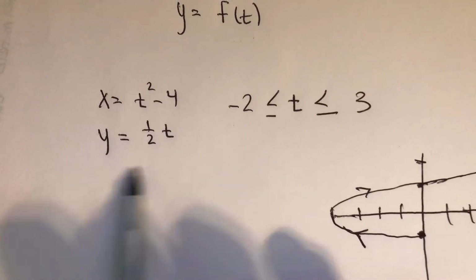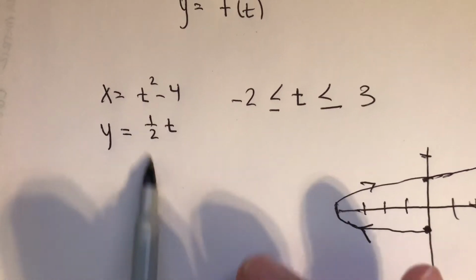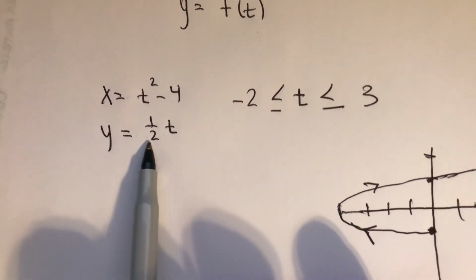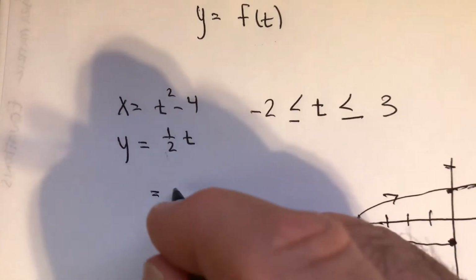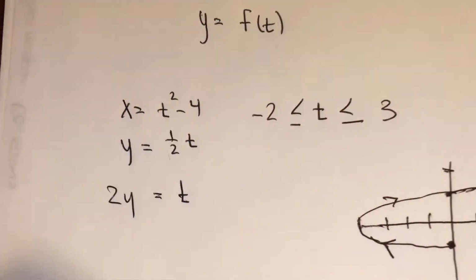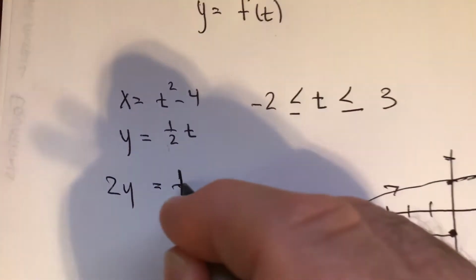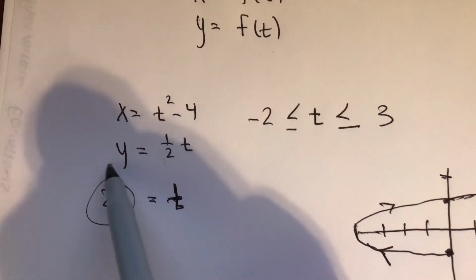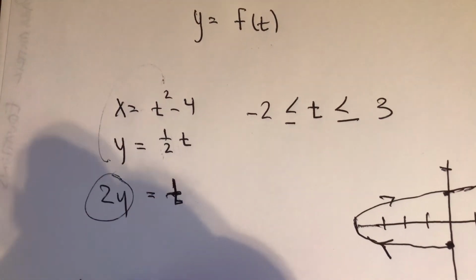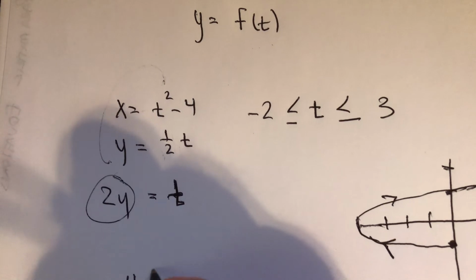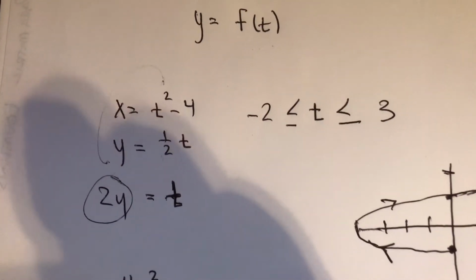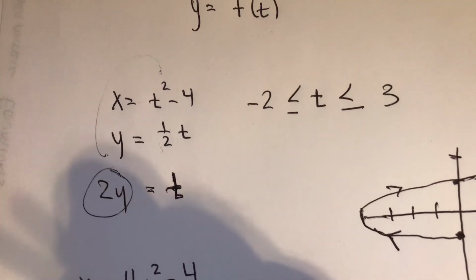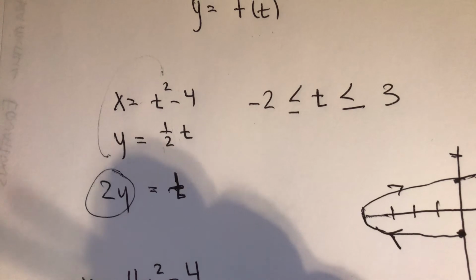If I were to solve one of these equations for t, it doesn't matter, I could solve this for t or I could solve this for t, I would get, in this case, t equals 2y, and then substitute 2y in for t up here in my original, I get x equals 4y squared minus 4. So x equals 4y squared minus 1.